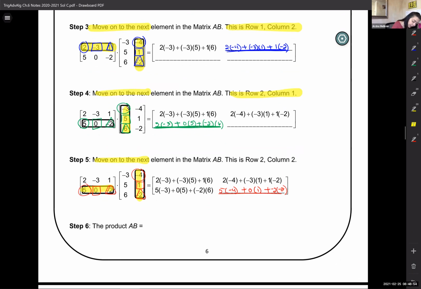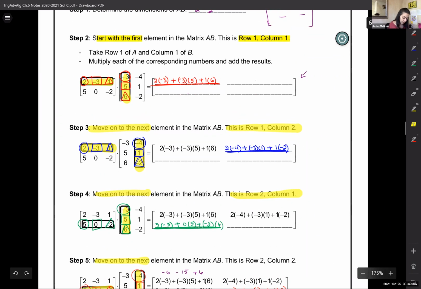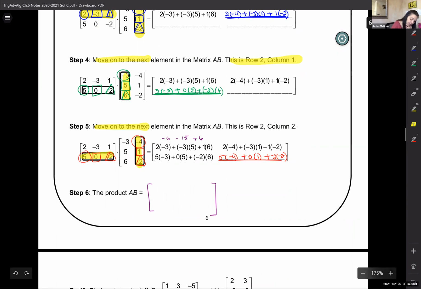Here I had 2 times negative 3, so that's negative 6, minus 15, plus 6. Okay, so look, I've got 4 elements here. So what does that give me? Negative 6 and 6 go away, so I've got negative 15.